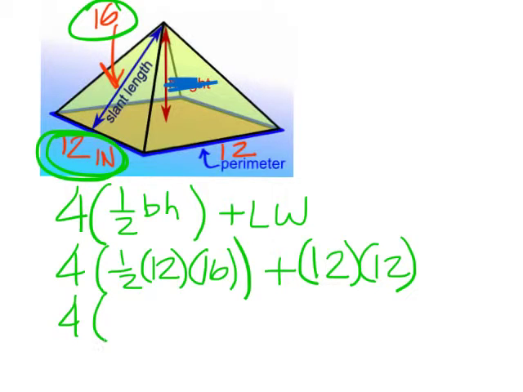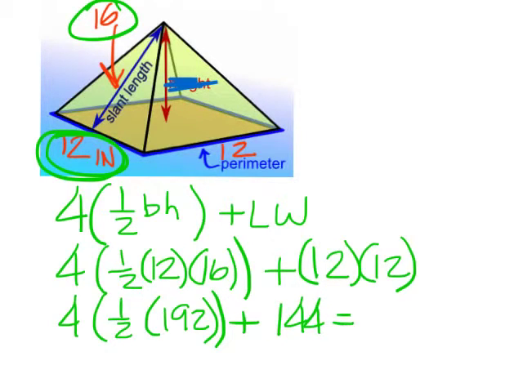So go back and simplify. You'll have 1/2 times 12 times 16. 12 times 16 is 192. So we'll put that down. And then out here you can simplify 12 times 12 to be 144. Half of 192 is 96.